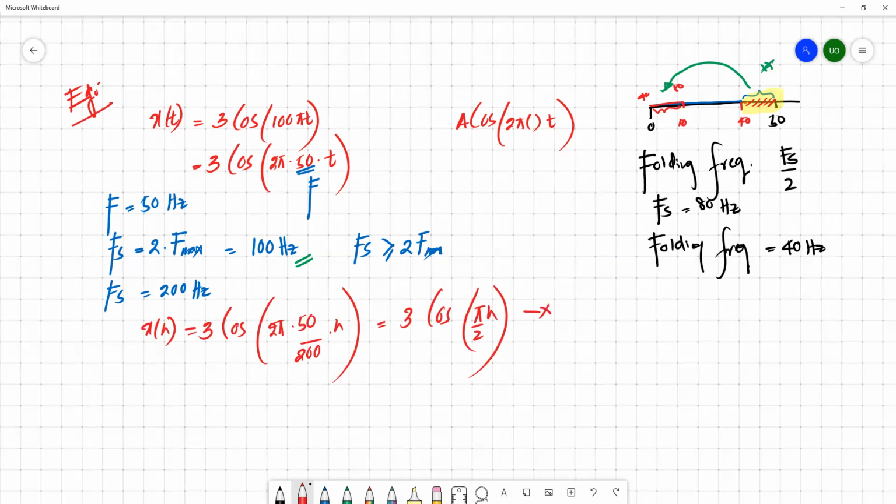So this is the ultimate signal you get after the discretization of the sampling process. If you have this 3 cos 100πt continuous signal and take a sampling frequency of 200 hertz, you will end up with a signal equal to 3 cos(πn/2).